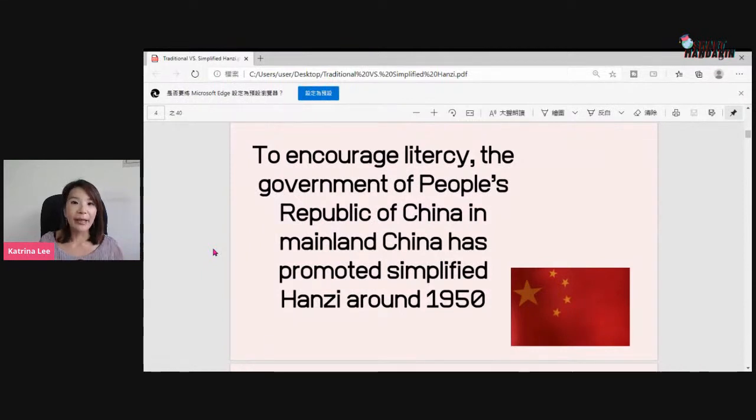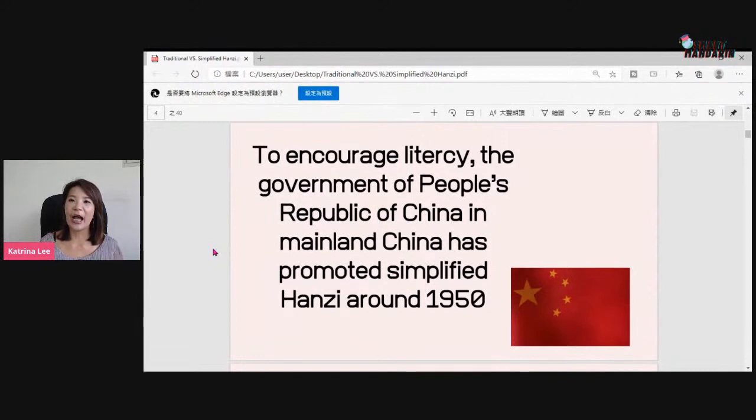So in my opinion, this is just my opinion, I don't think that the literacy rate or the education is strongly related to whether it's simplified or traditional.